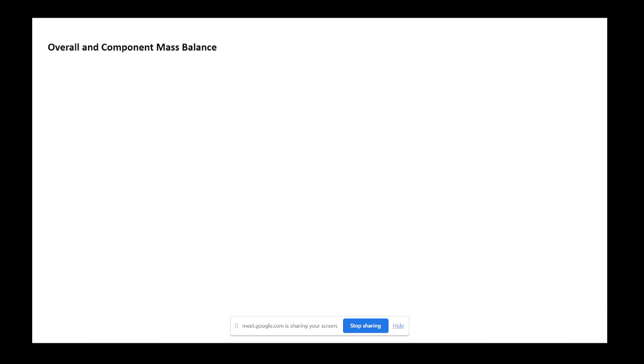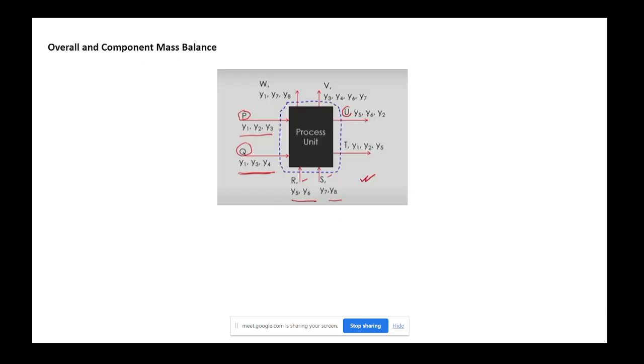Now coming to the next part, as I mentioned, we have to solve mass balance to get various equations and find out how much product is formed, and in what quantity. For example, if two products A and B are formed, what is the ratio of product formed.